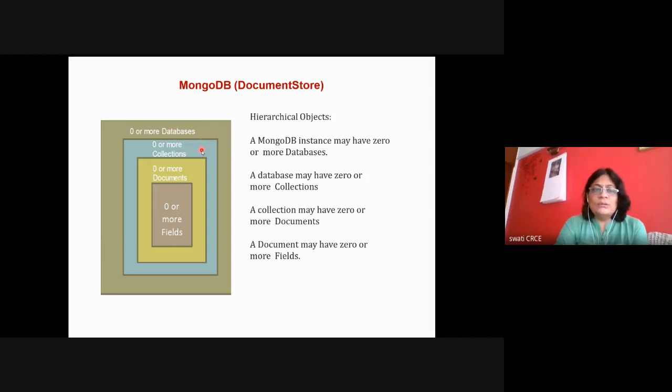So the collections of documents are called the multiple tables of your database, because your database may have a customer table, sales table, department table. So the sales table is a collection of sales documents, or the employee table is a collection of employee documents, and one document indicates one row, and one document has multiple fields.